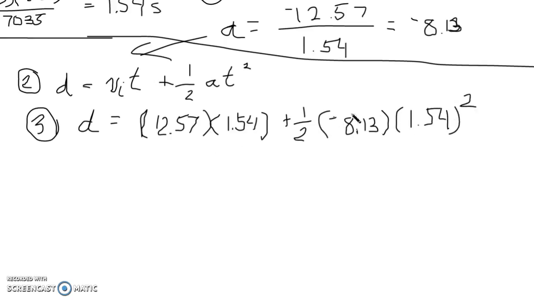So if we kept this positive, we would have gotten a greater value, and that would have only made sense if the object was accelerating. So you can't say that the acceleration is positive. And that's quite a throwback, right? So you just throw all that into your calculator, and you get that the distance traveled was 9.715 meters.